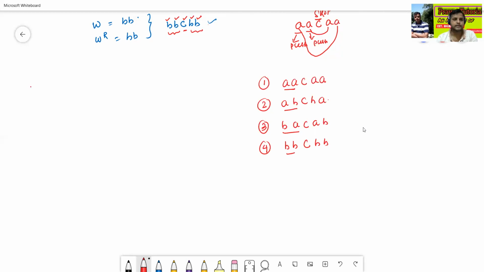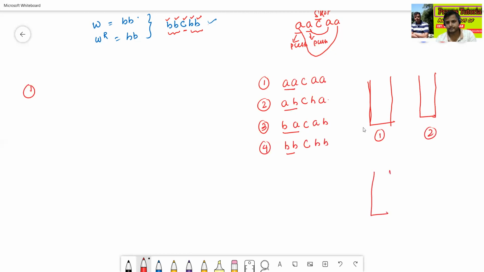So now we'll create the stack first. We'll create four stacks here, for the first case, second case, third case and fourth case. Initially the stack contains Z0.